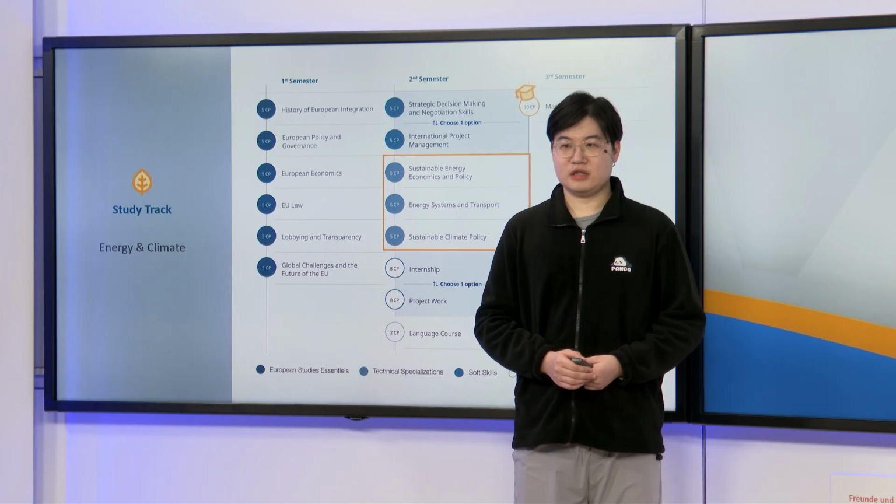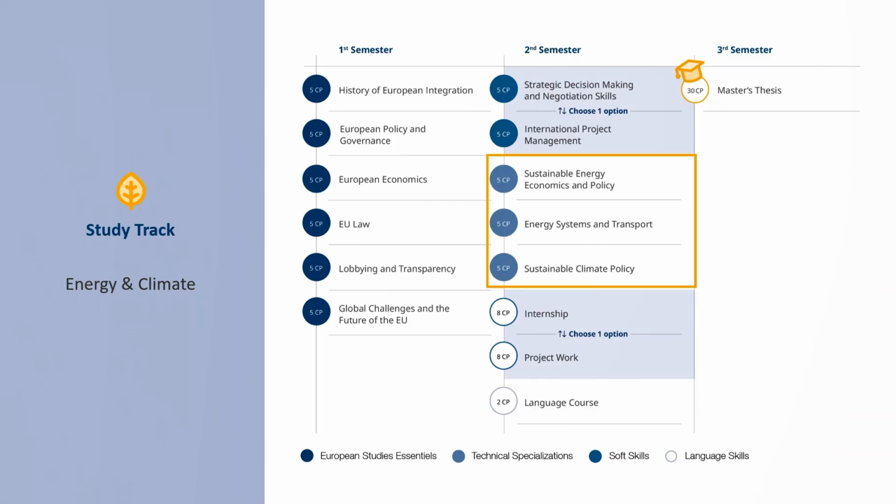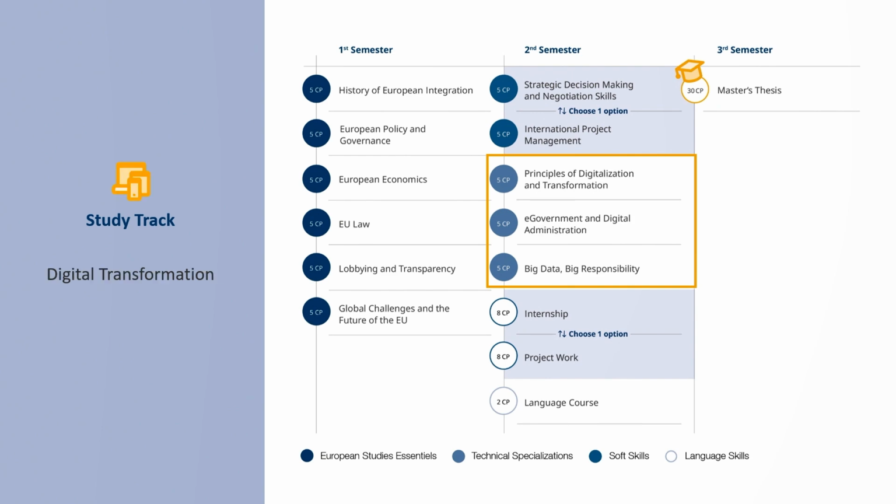And in the second semester, you need to choose which track you would like to focus on. What I have chosen is digital transformation, and I would like to give some personal opinion on these courses. I would like to focus on the course Big Principles of Digitalization and Transformation.